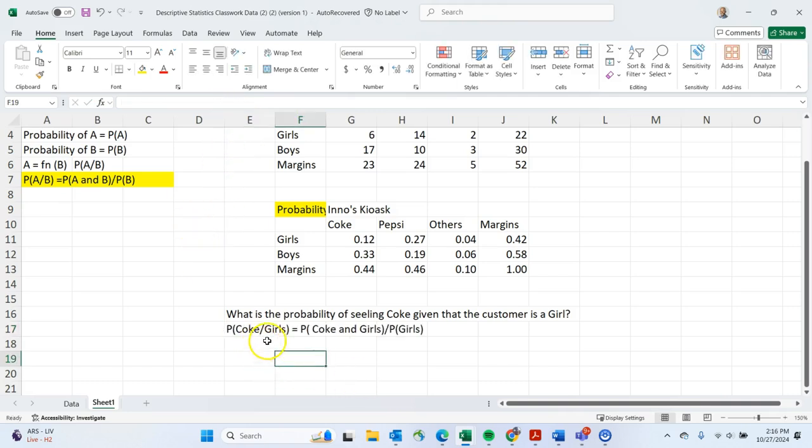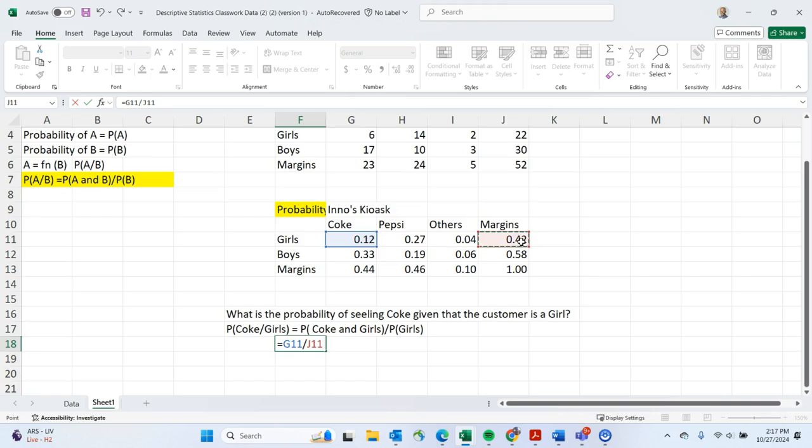So we are going to put an equal sign, and we'll take the joint probability between Coke and girls, which is this one here. Then I'm going to divide by the probability of girls. This margin gives us the probability of customers being girls, which is 0.42.